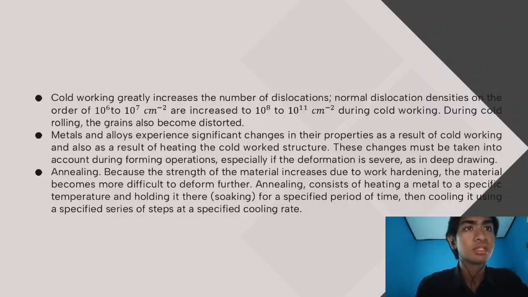During annealing, three distinct processes can occur. First, recovery, which relieves some of the stored internal strain energy by rearrangement of dislocations into lower energy configurations without any change in the shape and orientation of the grains. Second, recrystallization, which is the replacement of the badly deformed cold worked grains by new strain-free grains.